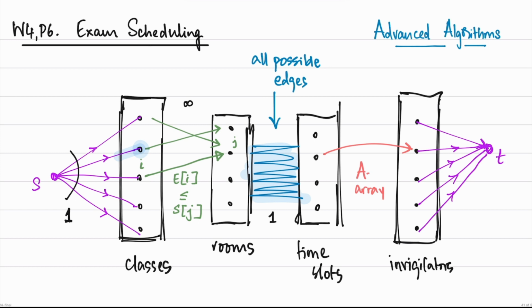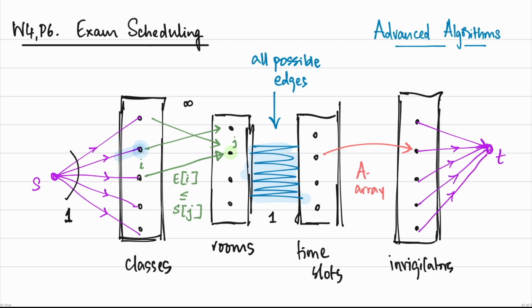And so there are all these classes who want to get scheduled in this room because it's going to be one of the rooms that can accommodate this class. And now let's say that there are 5 classes that want to be scheduled in a particular room. Now that room has to identify 5 time slots which are all distinct, so that it can actually accommodate these 5 requests that are coming in the form of flow.